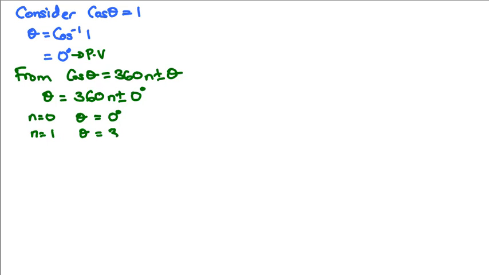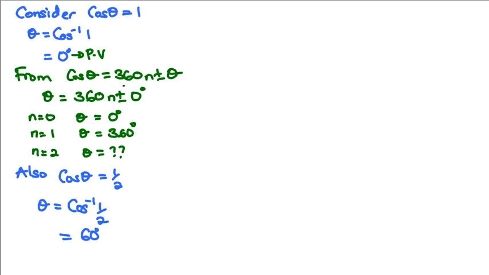When you put there 0, you'll now have that for n is equal to 0, theta will be equal to 0 degrees, n is equal to 1, theta will be equal to 360 degrees, and when n is equal to 2, theta will be outside range. Alright, so we now consider cos theta is equal to a half.